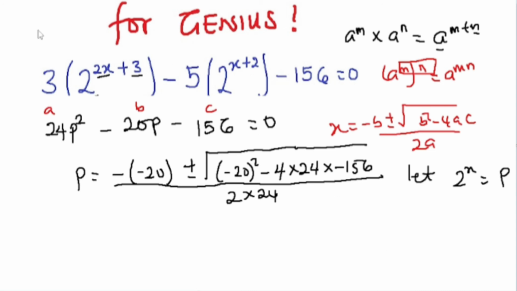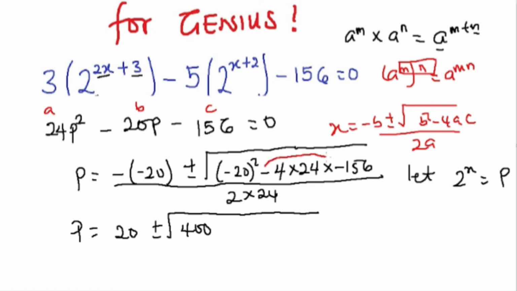Okay, so now here we can have p equals 20 plus or minus, 20 squared is 400. Okay, now this minus here and this minus here, we will have plus here. So 4 times 24 times 156 will amount to 14976, because of the calculator, over 2 times 24, that's 48.